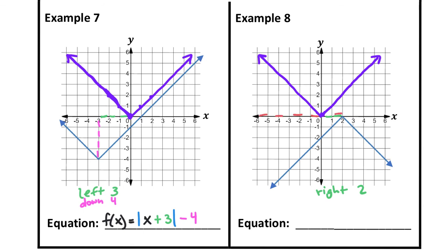If I put a reflection line here, looks like it's reflecting on the x-axis. So that means the equation is going to be f of x equals negative absolute value of x minus 2, close absolute value.